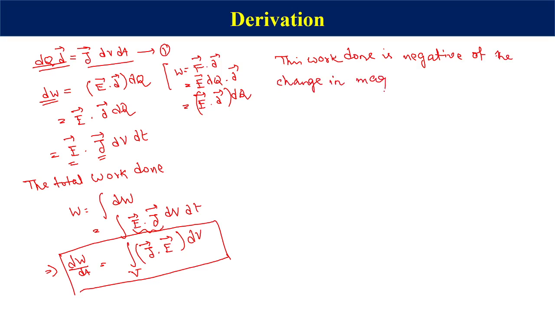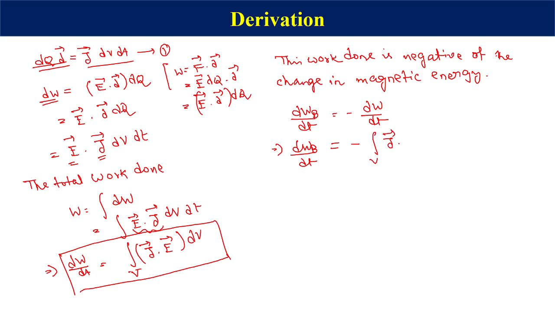So we can write dWb upon dt to be equal to minus of dW upon dt. So in a sense we can write dWb, where B here signifies that this is the rate of doing work in the magnetic field. So that's equal to the volume integral of J dot E dV. So let's say this is equation number 2.